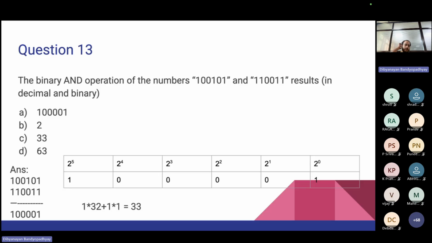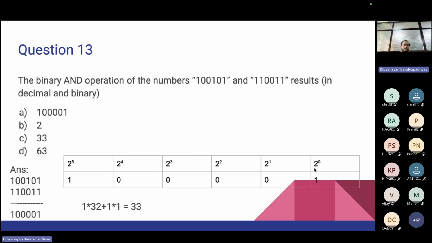The conversion part is written here, how they are converted. In the upper part, you begin with assigning 2 to the power k. So you begin with 2 to the power 0, 2 to the power 1, 2 to the power 2, 2 to the power 3, 2 to the power 4, and 5, corresponding to the locations of these digits.